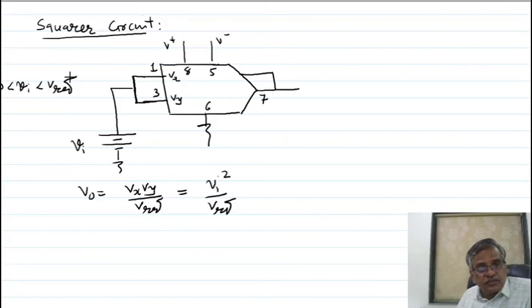So to obtain the square of any positive or negative number, you have to short circuit both the inputs, and that DC voltage is to be connected, either plus or minus, but that voltage value should be between 0 and V reference. Then you can get the square of the number at the output.